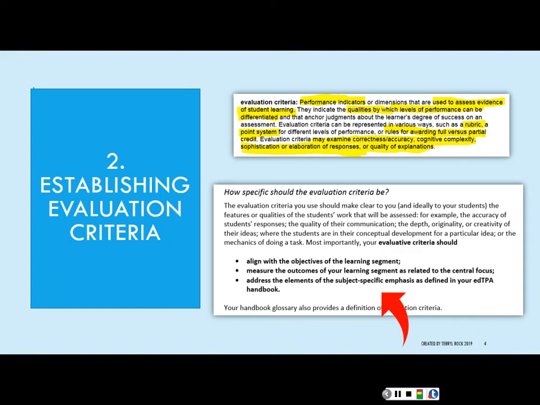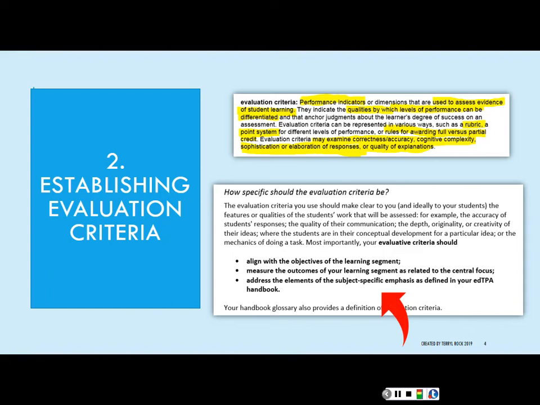And so you need to actually put what objectives you're assessing. You're going to see some samples here in a minute, and you're going to see how these folks actually put their objectives into their evaluation criteria document. You want to make sure that you can measure the outcome of the learning segment, and, oh, there's that subject-specific emphasis again. It's not going away. So one of the things that your handbook, prompt 1 of task 3, forgets to ask you is to analyze your assessment based on SSE.